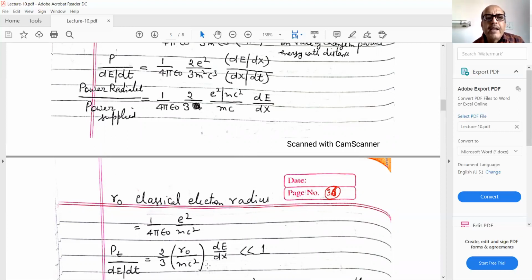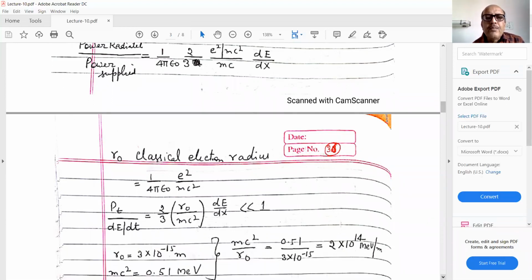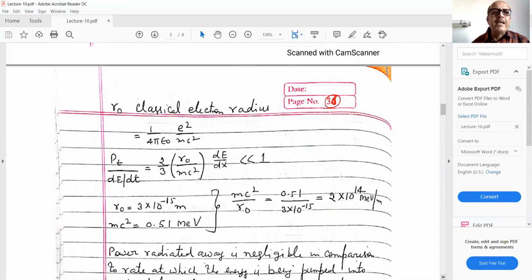As I told you, m here is the rest mass, so mc square is nothing but the rest mass energy of a particle. So if you look at this formula, it is P upon dE over dt. That means the ratio of the energy radiated to the energy supplied is 2 upon 3 into r0 upon mc square into dE upon dx.